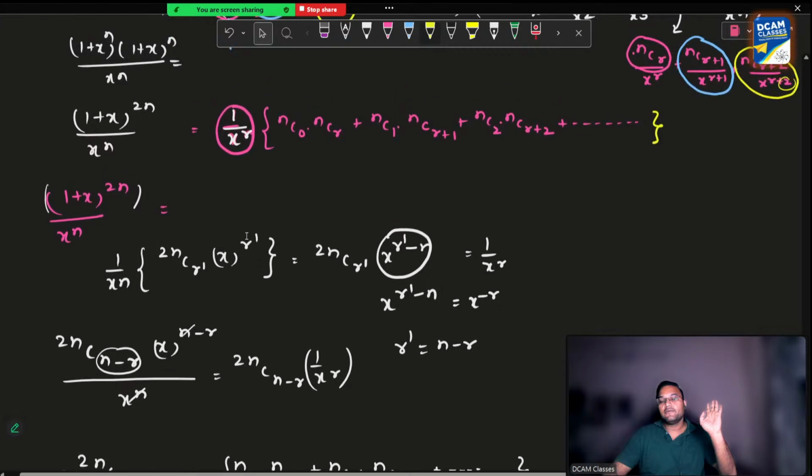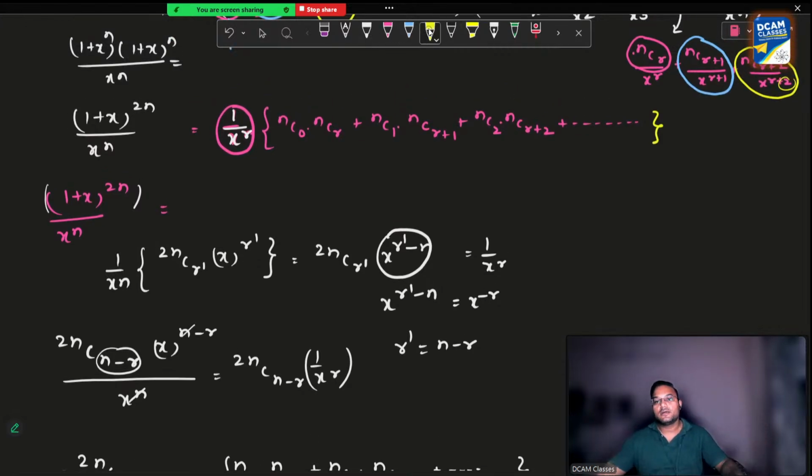For that I have assumed any random term in (1 + x)^(2n) as r' term, and found its value x^r', but this whole term is divided by x^n also, so it will be x^(r' - n), but this should be equal to x^(-r) because I want it to be equal. So that's why the term which I required is n minus r.